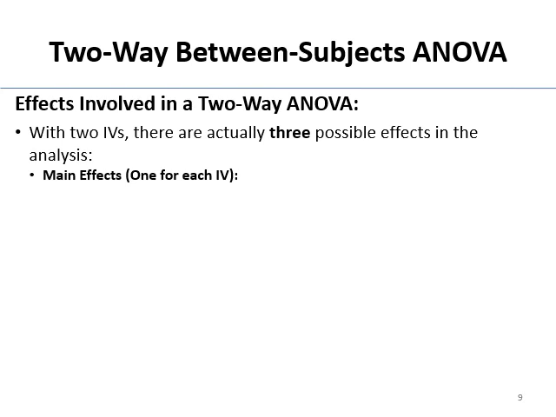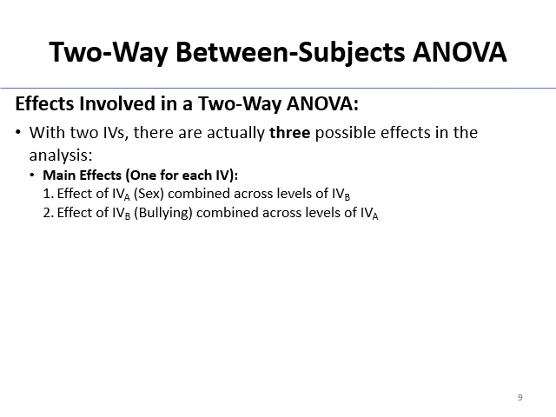So it's basically like doing a one-way ANOVA, or an independent t if it's only 2 levels, for each IV separately. So you get the effect of sex. It's going to compare the average adult hostility of males versus females. So it ignores the fact that bullying is even in here as a variable.